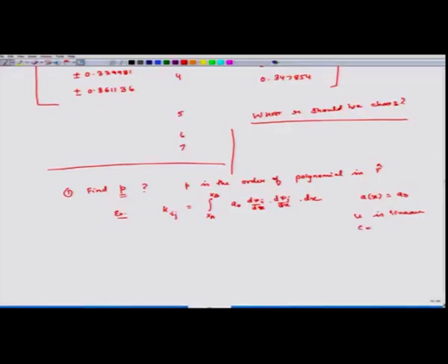Constant. d psi over dx is constant. So because of d psi over dx my polynomial order is 0, and because of a I still have 0. So overall polynomial order is constant.